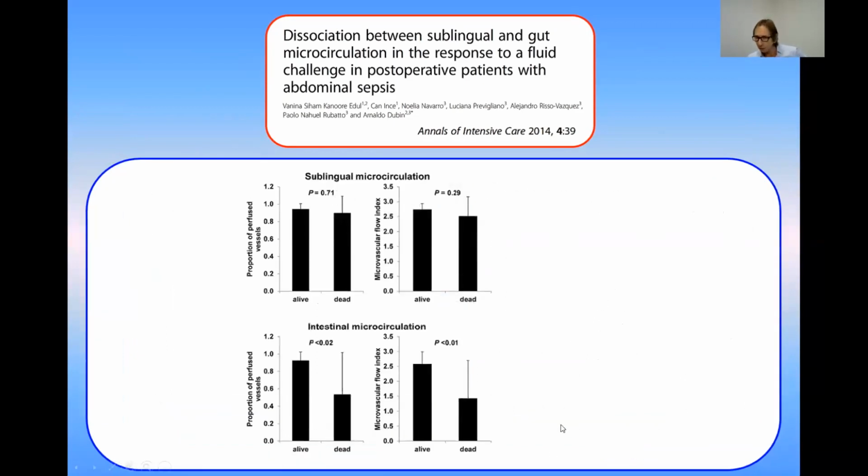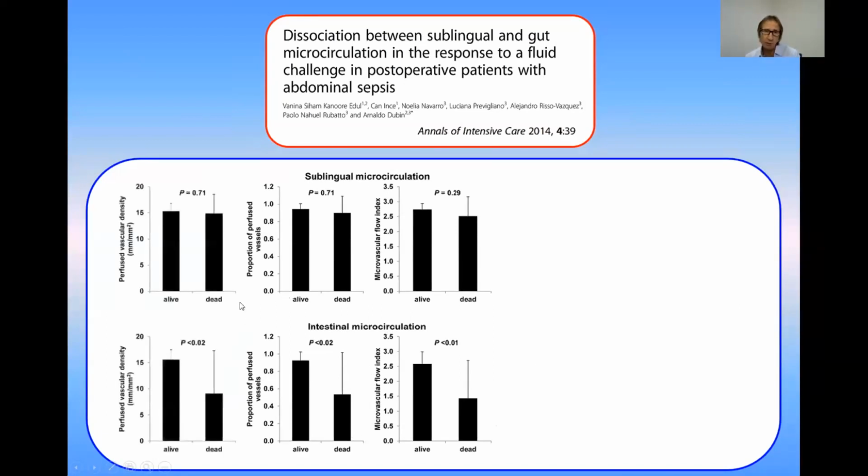And they also looked at the outcome as a function of the sublingual microcirculation or the intestinal microcirculation, and they found that there was no difference in terms of proportion of perfused vessels or microvascular flow index in survivors and non-survivors, while there was a big difference for the intestinal microcirculation, with a decrease in proportion of perfused vessels and microvascular flow index in patients who will die compared to survivors.